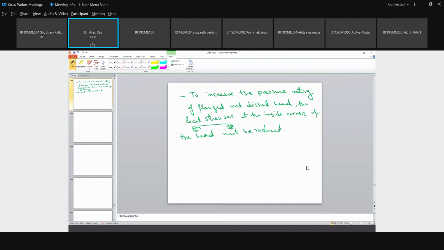Now, what can be done to reduce the corner stresses?